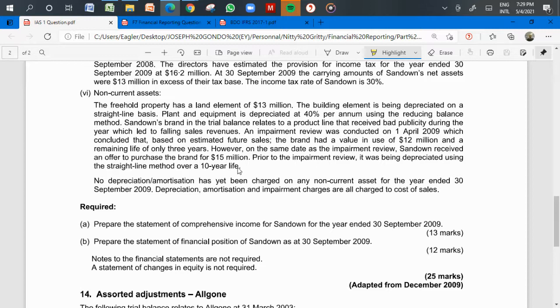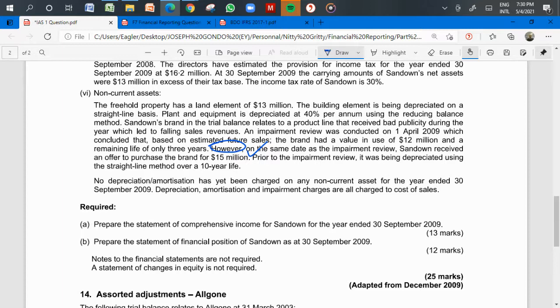Fair value, we're told that, however, on the same date as the impairment review, Sundown received an offer to purchase the brand for 15 million. So this one becomes our fair value.